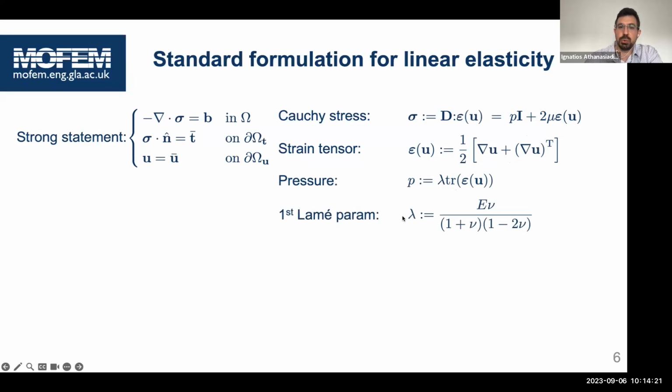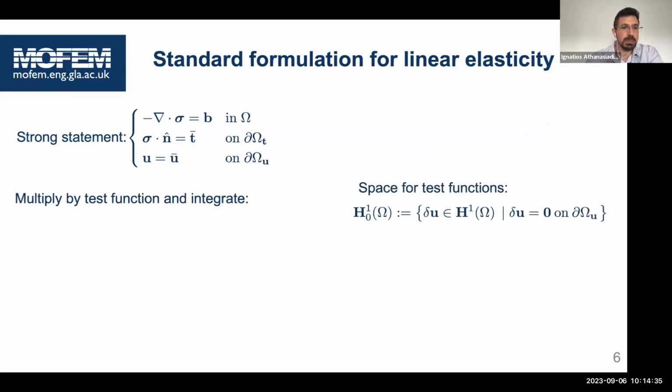This lambda is the so-called first Lamé parameter, and is defined with respect to Young's modulus and Poisson ratio. And the second parameter that is involved in the deviatoric part is also defined like this, and is called the second Lamé parameter.